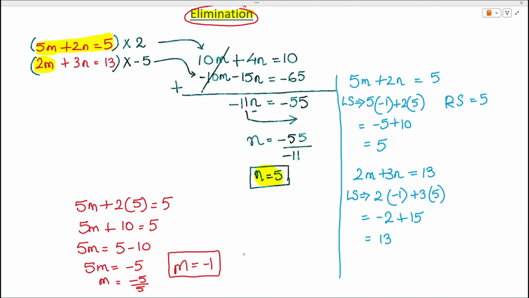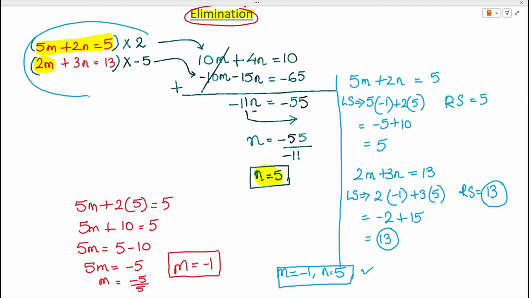Our left hand side, on substituting the values of m and n, is equal to 13, and our right side for this equation is already 13. So we can see again for the second equation, our m and n values satisfy the equation. So our solution, m is equal to negative 1 and n is equal to 5, is the solution to this linear system.